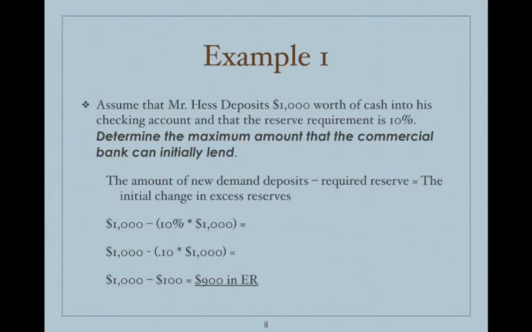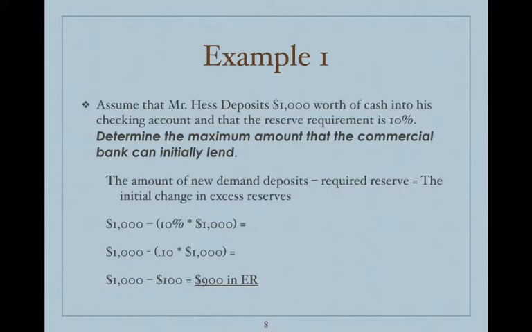And the first example I have for y'all is, let's assume that I went to the bank and I deposited $1,000 worth of my cash into my checking account, and that the bank is required to keep 10%. Now the phrasing I have right here is bolded and italicized for you, if you want to either underline it, take a picture of it, or highlight it, whatever you need to do.